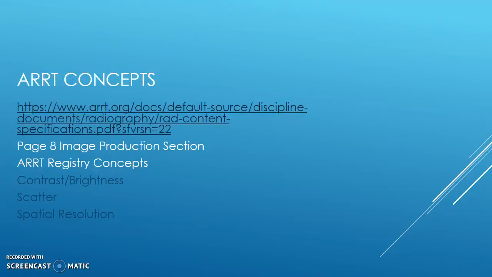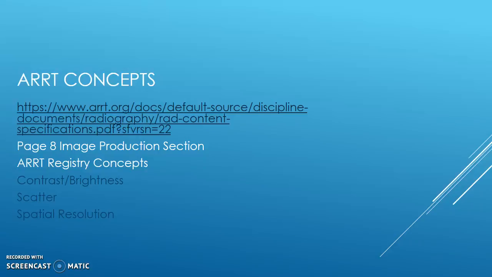ARRT concepts. The concepts in this presentation that are relevant to the ARRT exam are found on page 8 of the registry concepts. Some of the main points are contrast/brightness, scatter, and spatial resolution.